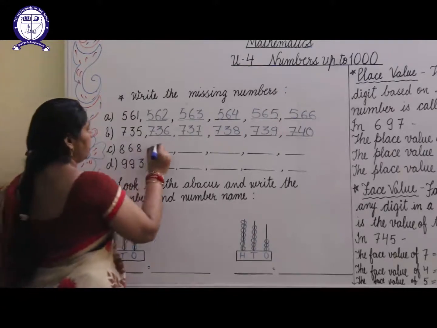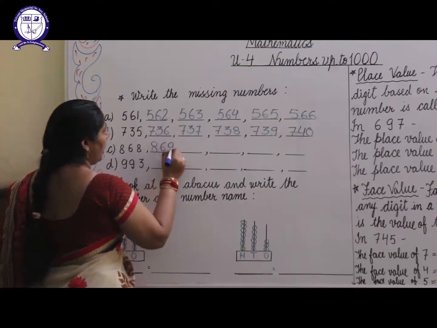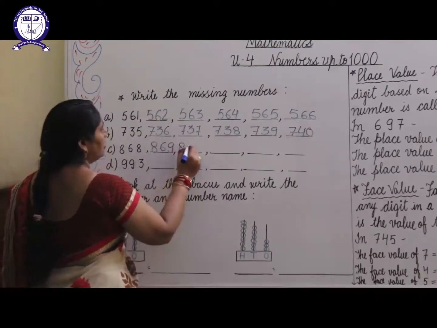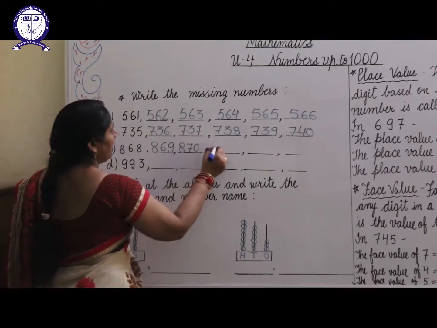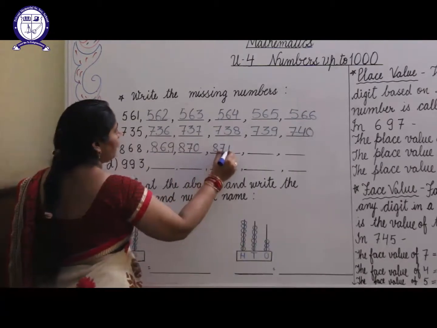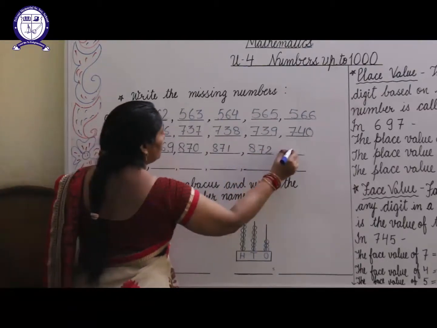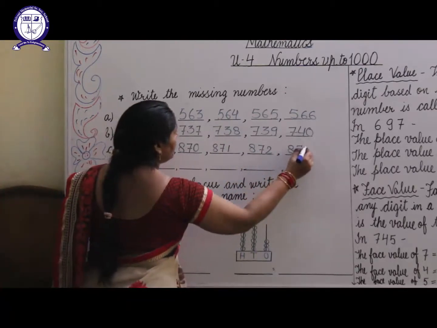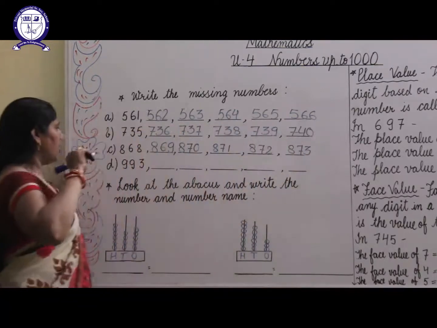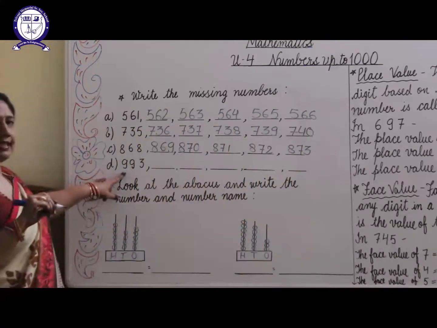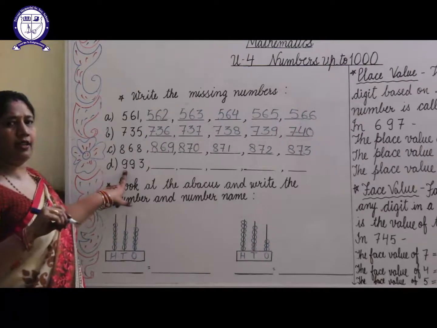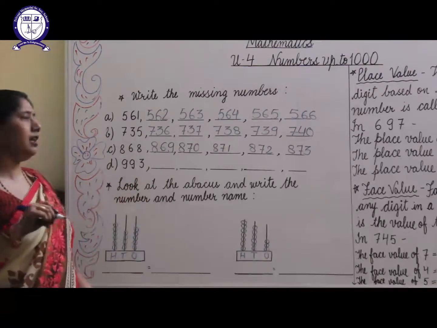Come to the next. 868, 869, 870, 871, 872, 873. Come to the next example. 993.